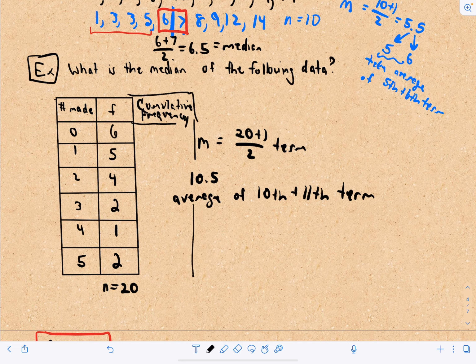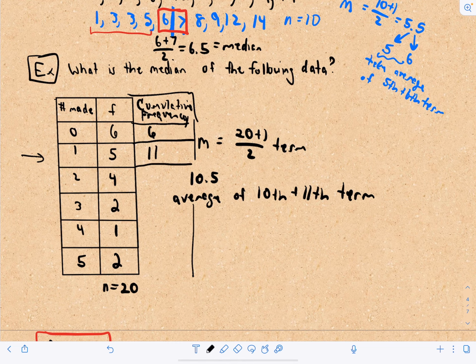Okay, so notice so far that we have 6 people observed total. We have 6 people that made 0 free throws. In the next row, we've got 5 people who made 1 each, so we're talking about another 5 people. If we add up the number of people that we've looked at so far, we've got 11 people.